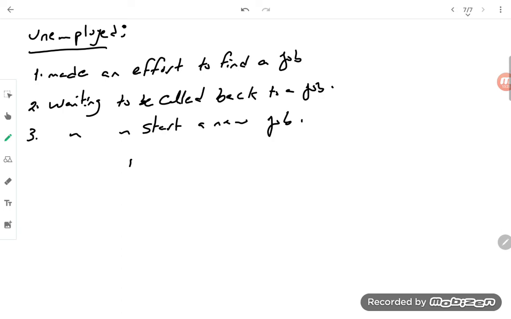So in order to be counted as unemployed, you have to make an effort to find a job, or be waiting to be called back for a job within 30 days, or waiting to start a new job within 30 days.